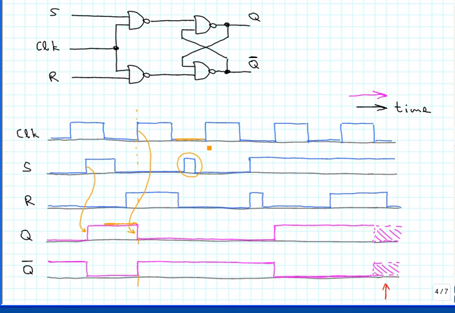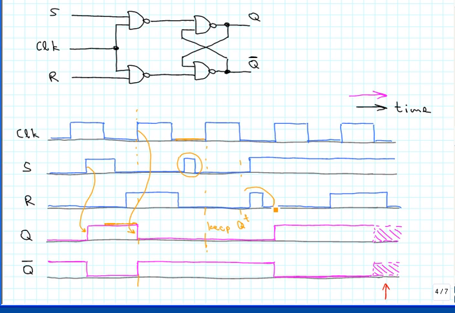It continues now into the portion where the clock is high again, so that would be this area here, and in this particular case both set and reset stay low, so we keep the memory here. So keep Q at time t.